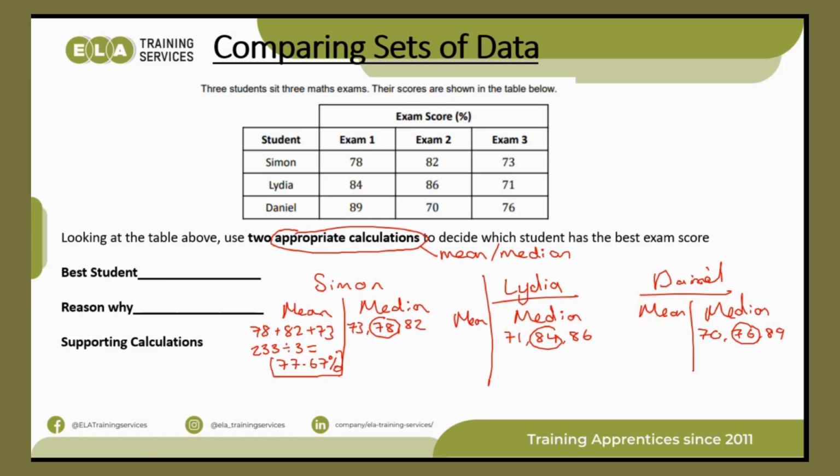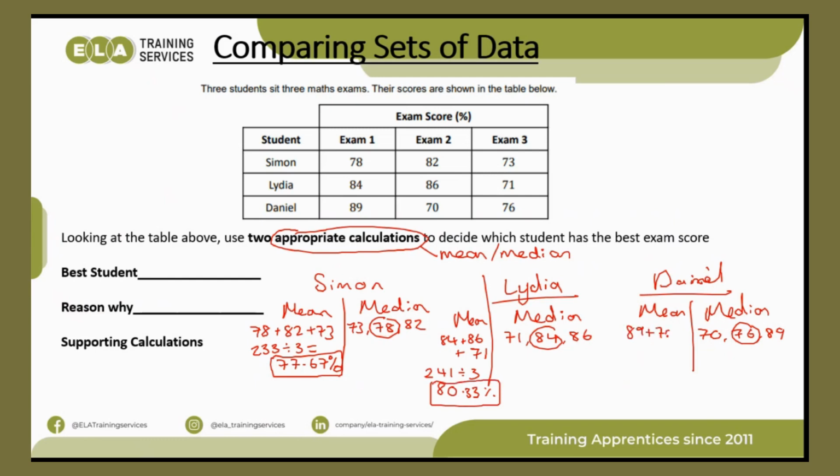So now we've got Simon's mean. Let's now do Lydia's mean. 84 add 86 add 71. I'm always writing things down before I'm actually popping them into the calculator. 241 divided by 3 is then 80.33%. Currently Lydia's mean's the highest.